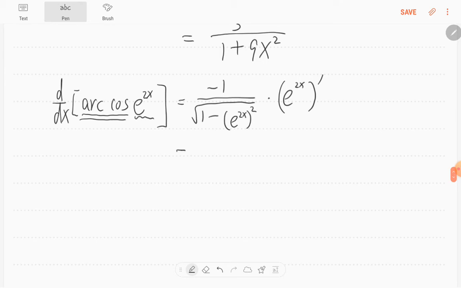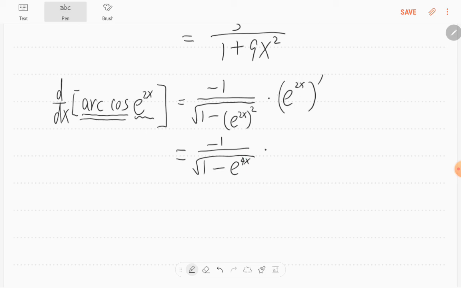Okay, let's continue. This is negative 1 over square root of 1 minus e to the 4x, after squaring. Multiply by the derivative of e to the 2x. This is not e to the x, where you can get the derivative directly by the basic rules. Here it's e to the 2x, again a composite function, so we have to use the chain rule again.